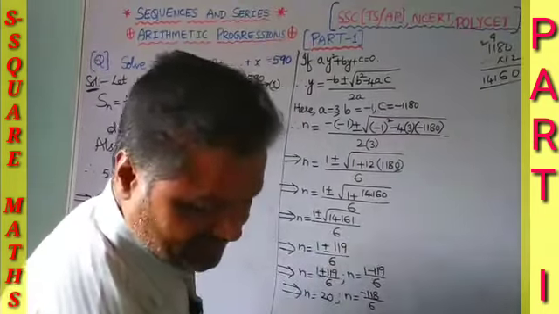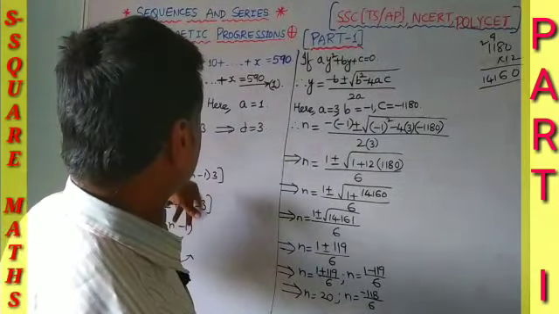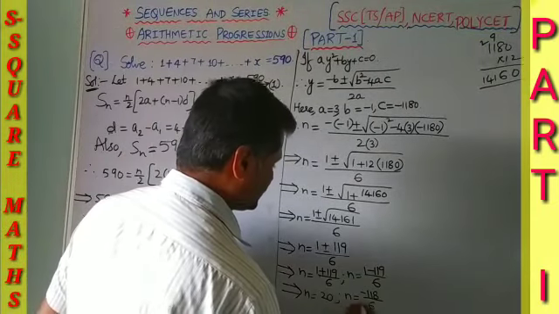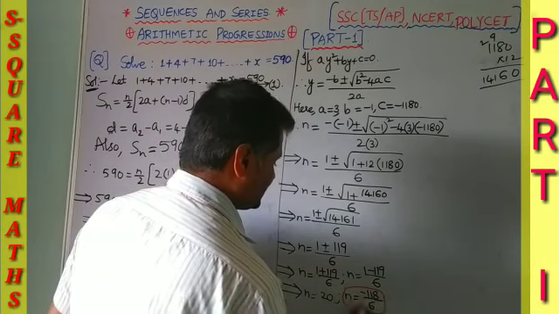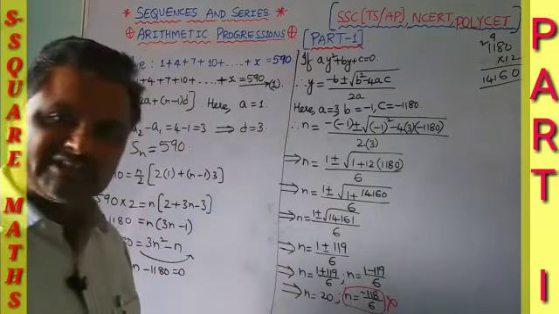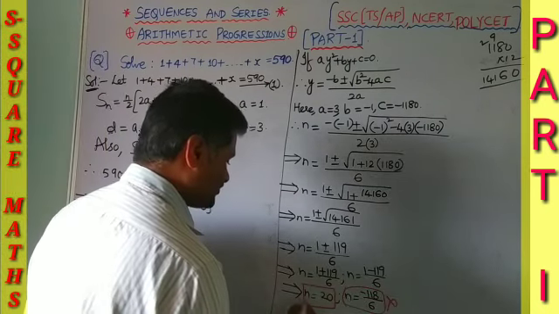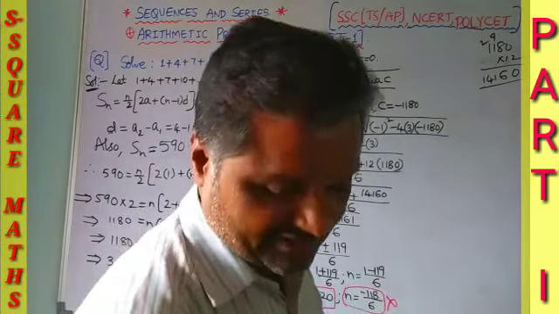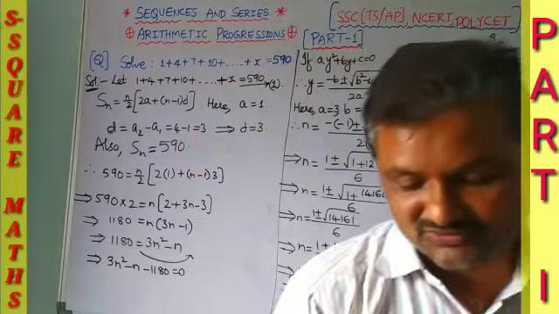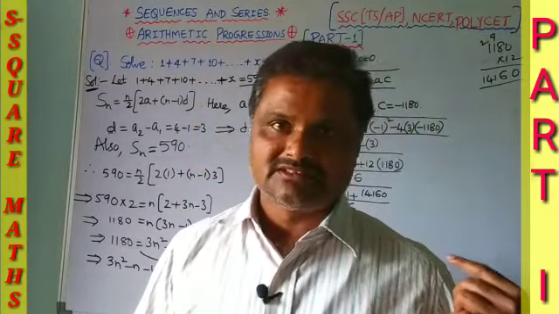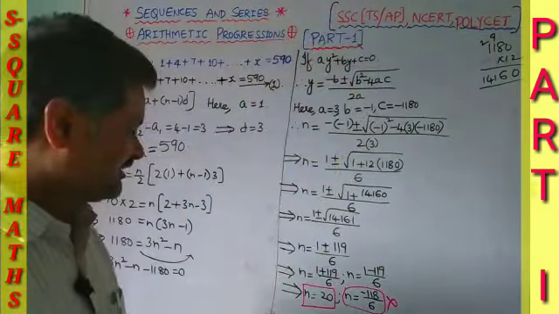Since the number of terms cannot be negative, this is invalid and cannot be considered. So n is always positive, n is equal to 20. So n determines the number of terms of this arithmetic progression, nothing but 20 terms.